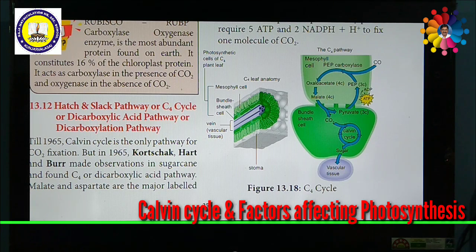The C3 cycle is less efficient due to higher photorespiration. But in the C4 cycle, photorespiration is very minimal. So that is why it is more efficient, due to less photorespiration.